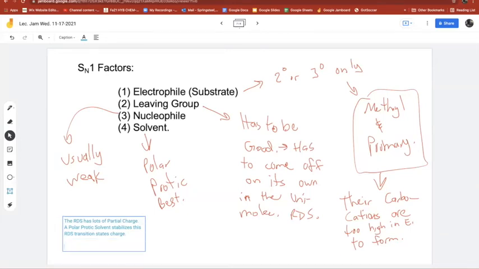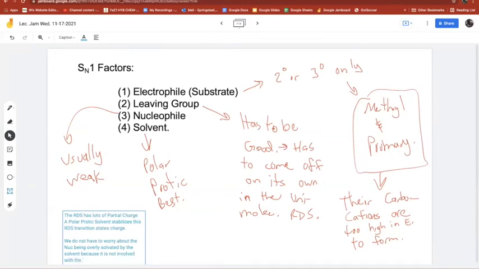And we do not have to worry about the nucleophile being overly solvated by solvent, because it is not involved with the rate determining step like SN2.